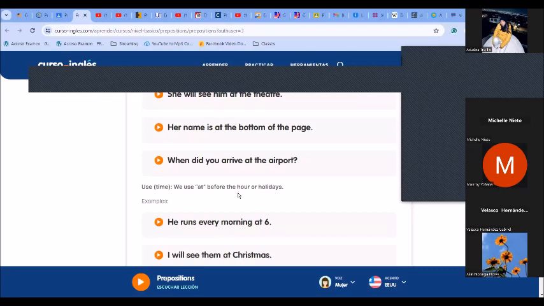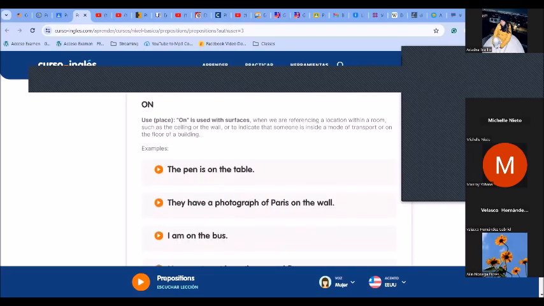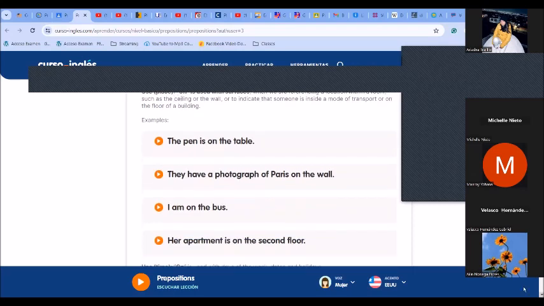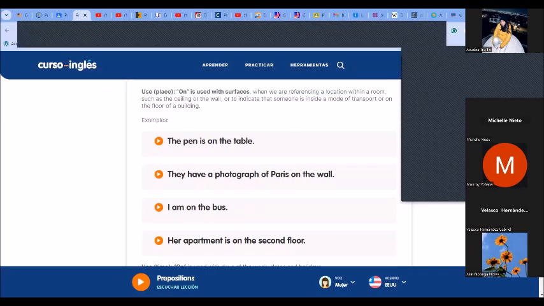Now, if we want to get super, super detailed, we go for the next one, on. All right. And now, Johanna, help us with on. Yes, of course. Let me just move this control panel and you should be able to see that for a sentence. Can you see it now? Yes. Awesome. Go ahead.